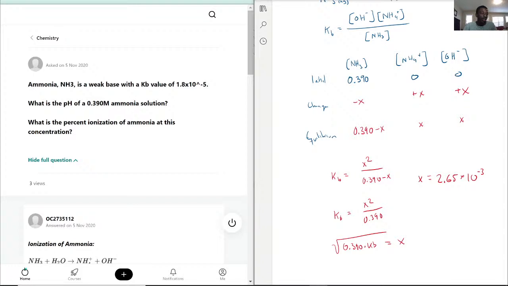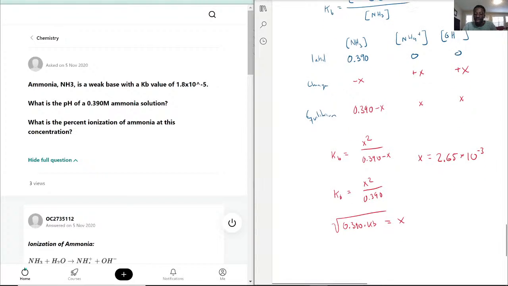As you can see here, if I did 0.390 minus that, we get 0.387, which frankly isn't the biggest change ever comparatively. That's why. We could have solved this through the quadratic equation as well, but you notice that the answer we would have gotten is going to be almost as close. So rather than having to go through all those steps, we save ourselves the headache.